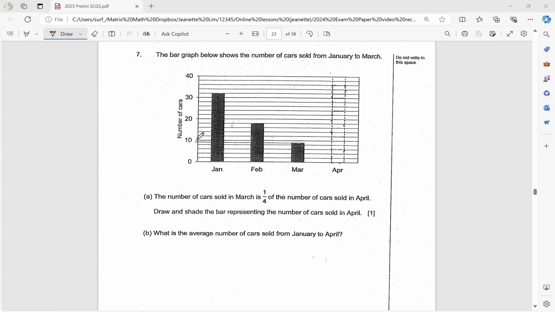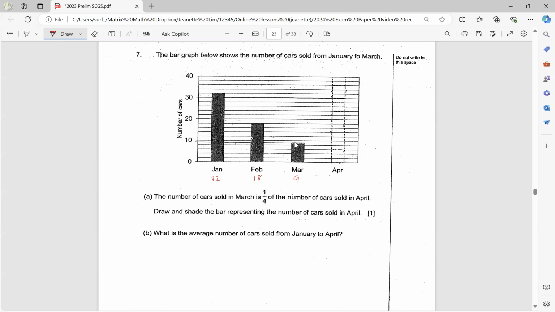Between 0 and 10, there are 5 intervals, so each interval is 2. For January, it's 32. For February, it's 20 minus 2, so 18. And for March, it's in between 8 and 10, so it's 9.